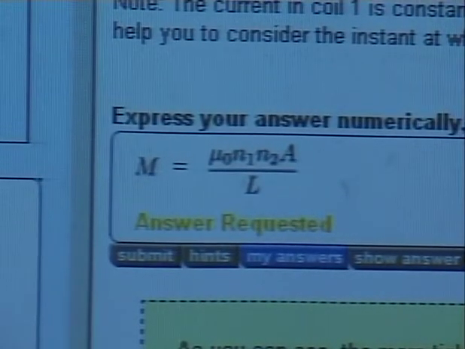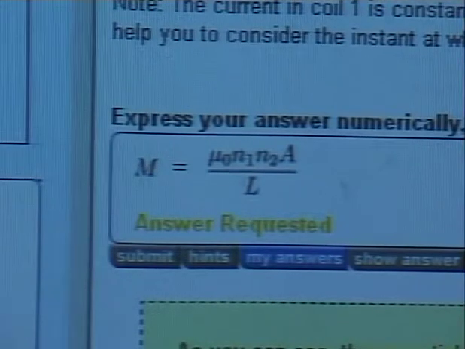Yes, Kim. You can't read that? Good. You'll have to do it then. No. No. It's equal to mu naught, your little permeability of free space, times N1, which is the number of turns in the first cylinder, times N2, times the area of the thing divided by L. Okay?